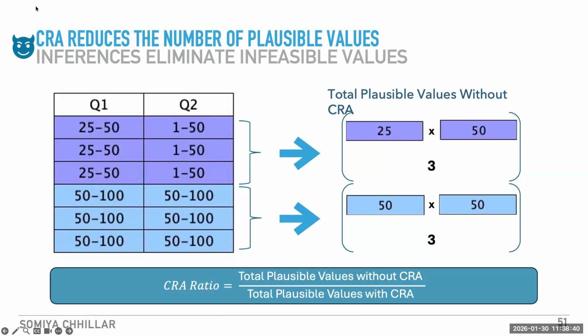So like what the age is, or what the combination would be. For record number one, it would be like age 50 and blood oxygen level 82. So this is one plausible value of a record.